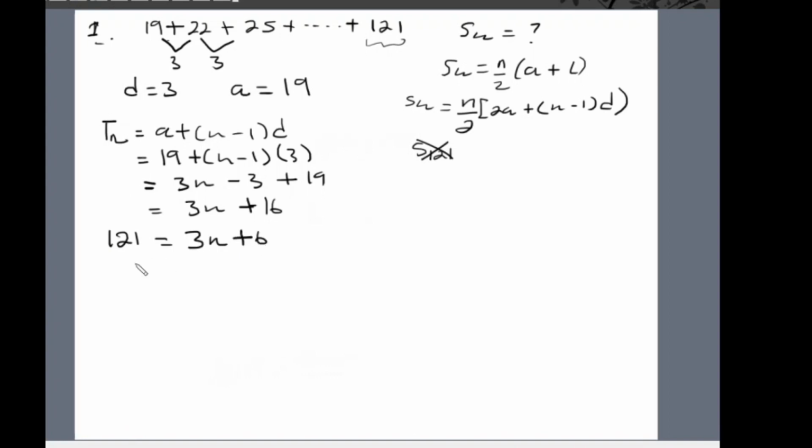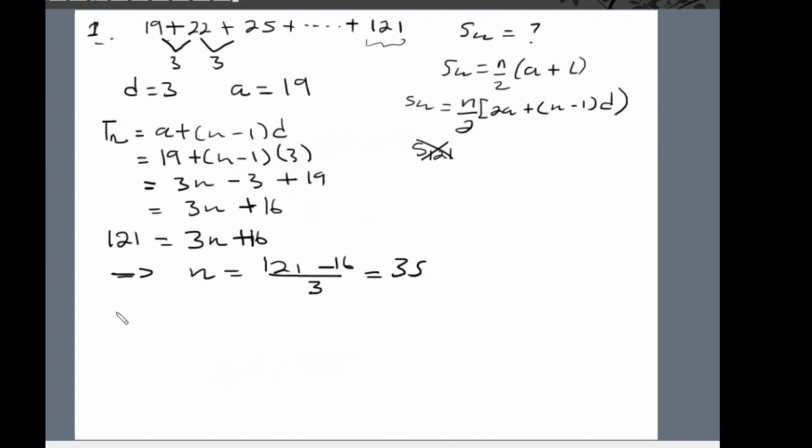This implies that n equals 121 minus 16, divided by 3. So n is equals to 35, right?